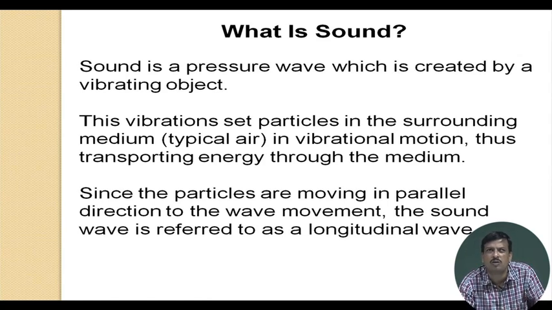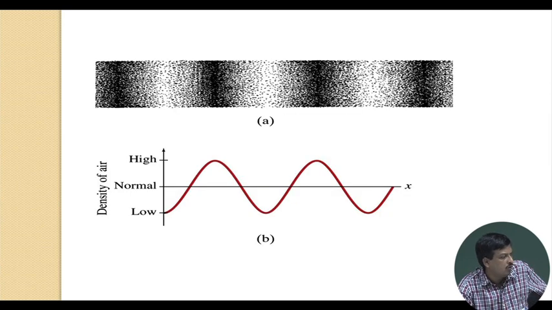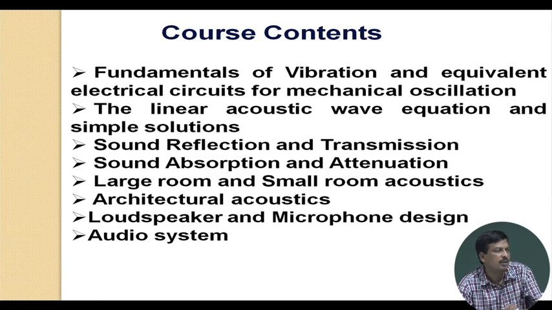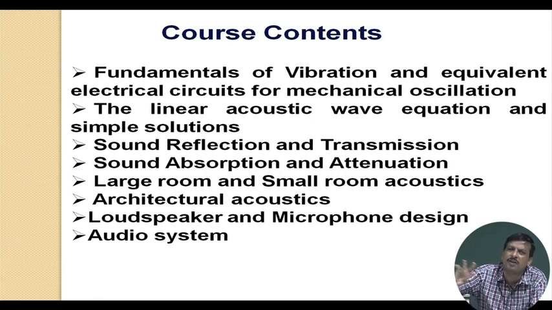So, this course will cover that. This whole course will cover the fundamentals of vibration and how this vibration can be mathematically modeled, that is, equivalent electrical circuits. That is sound system engineering. Then how this sound wave is propagated. Sound wave is nothing but an acoustic wave; the properties of how the mechanical oscillation is propagated in a medium is called acoustics.